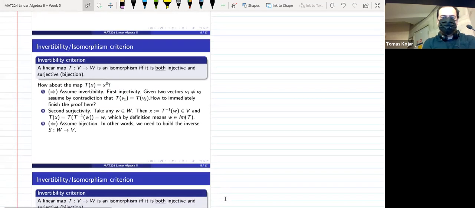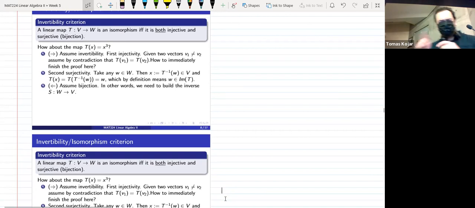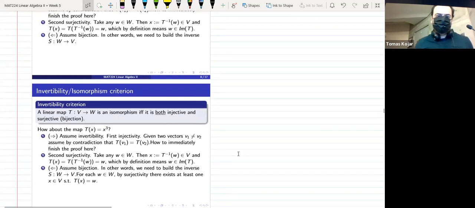Yeah, so let's do the proofs Renshu mentioned. But first I have to build the inverse. Just because you have bijection, it doesn't mean that inverse exists. So you have to prove its existence. How do you do it?